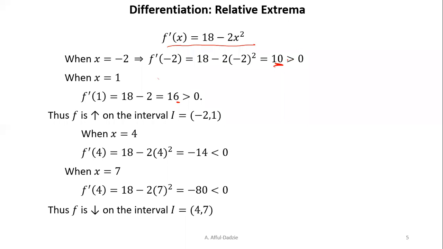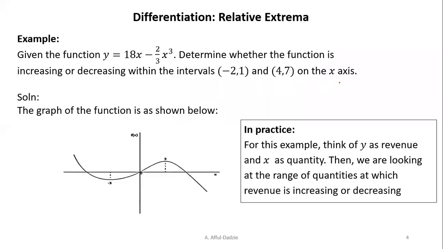Now both 10 and 16 are greater than 0, and so along the interval minus 2 and 1, we can comfortably see that the curve is increasing along that line. Let's go back to the graph and see it.